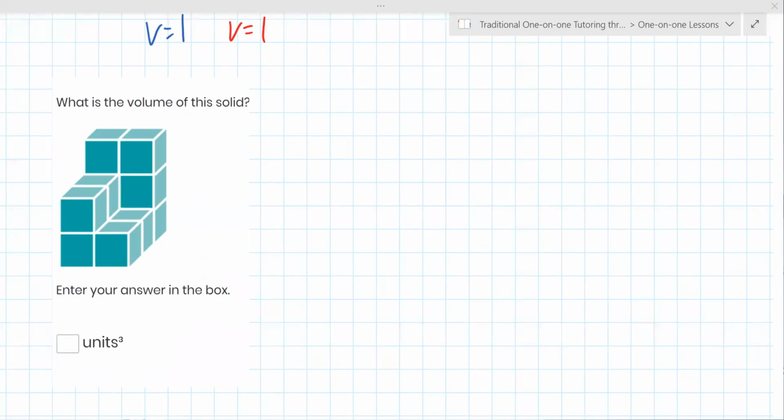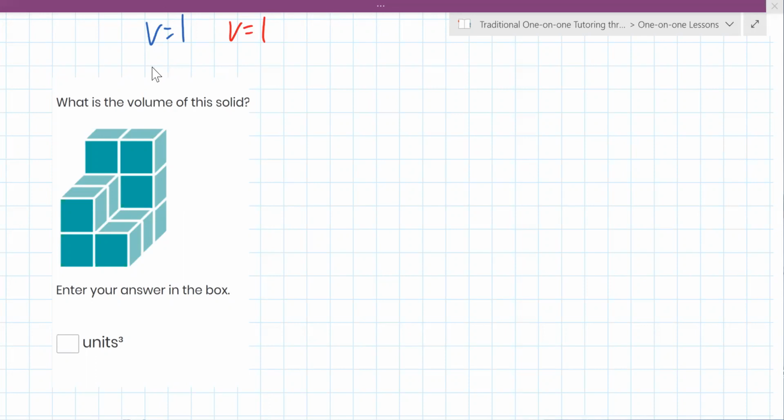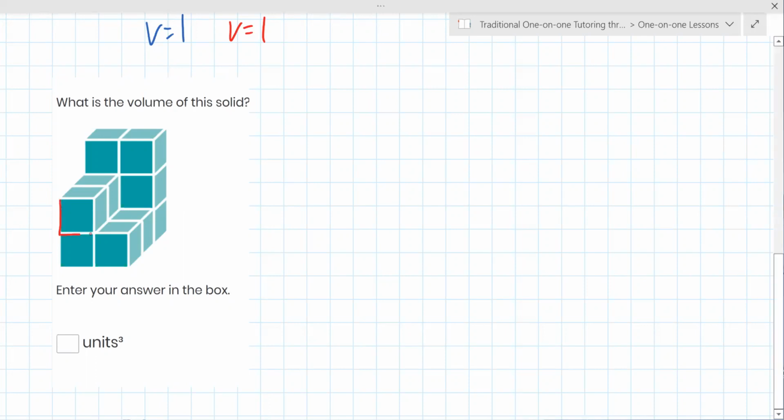Each cube has a volume of 1. So like this one here in the top left corner, do you see that one there that I'm kind of outlining? That's 1.